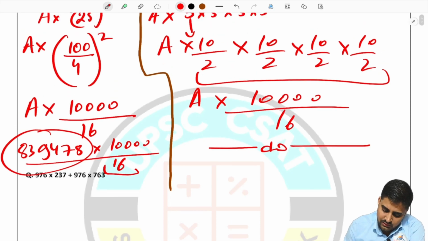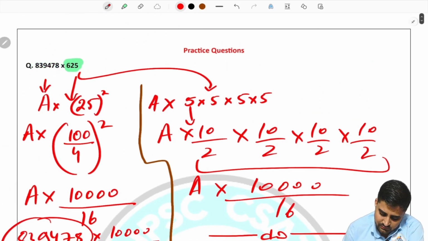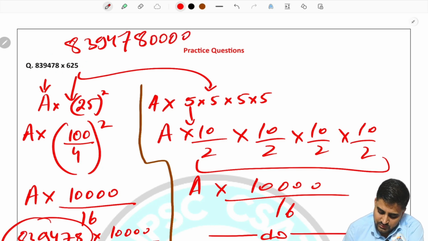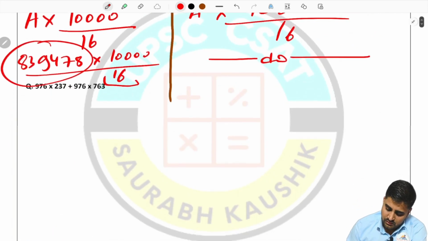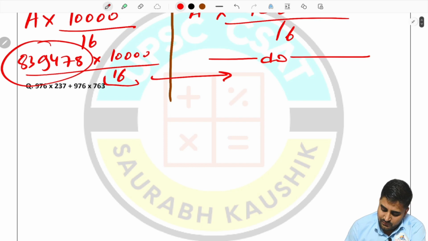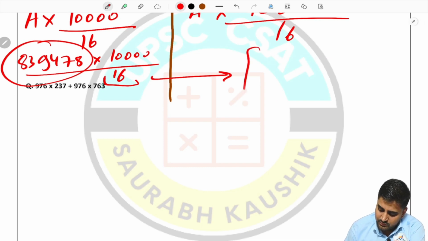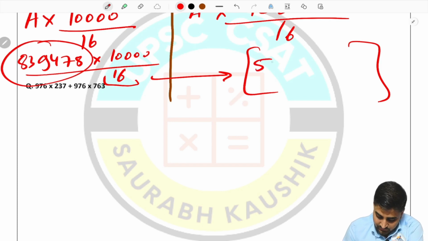But is that easy to calculate, or is it easy to calculate 1 2 3 4 by 16? It is easy by this only. So the answer will be, I am just writing the answer. Do calculate yourself. It's for practice only.